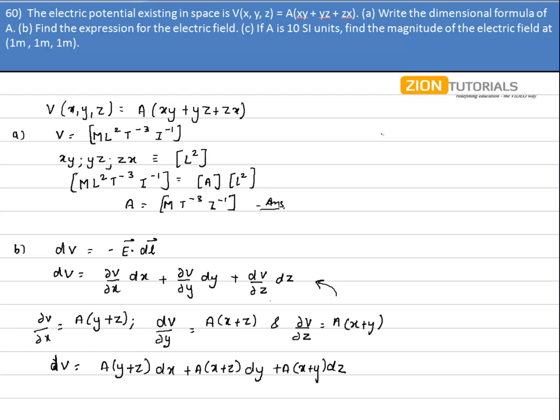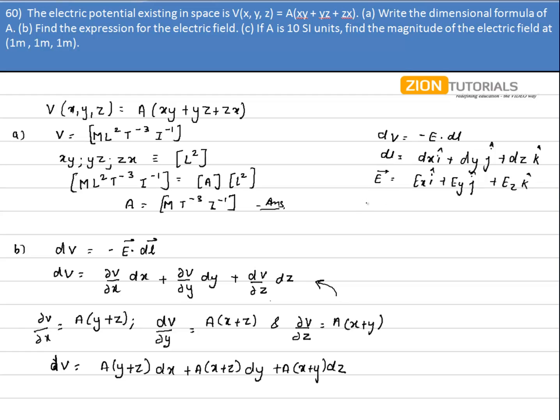Now we know that dV is minus of E dot dl. Here dl is dx i cap plus dy j cap plus dz k cap, and the electric field can be written as Ex i cap plus Ey j cap plus Ez k cap.